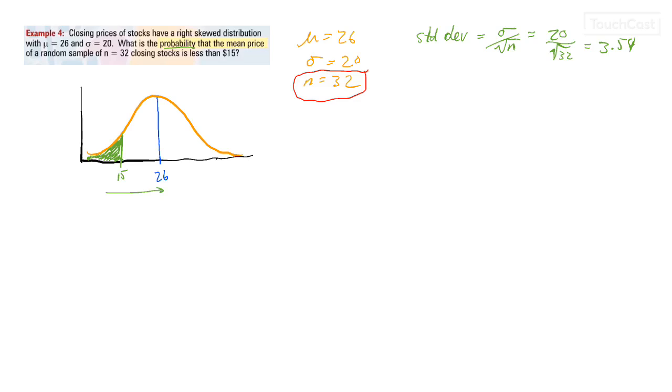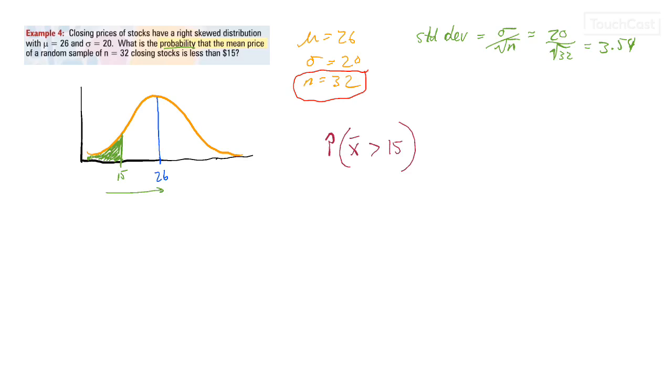So whatever z-score we find in the table of standard normal probabilities will be our answer. We are looking for P, the probability that x bar will be greater than 15.